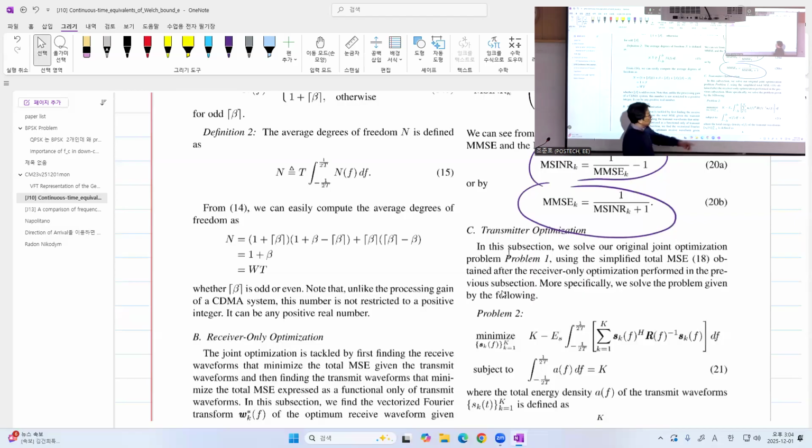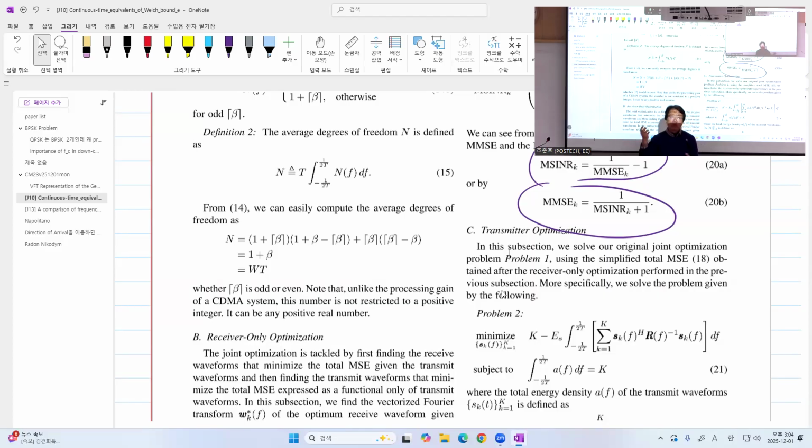Because now we can optimize at each f. At each f, we have almost the same problem as the synchronous CDMA guys, where they have only a single set of vectors, not parameterized by f. But as you've seen in the 2004 paper, the trick is that at each f, we need to assume some energy allocated at that frequency f for the k-th signal.